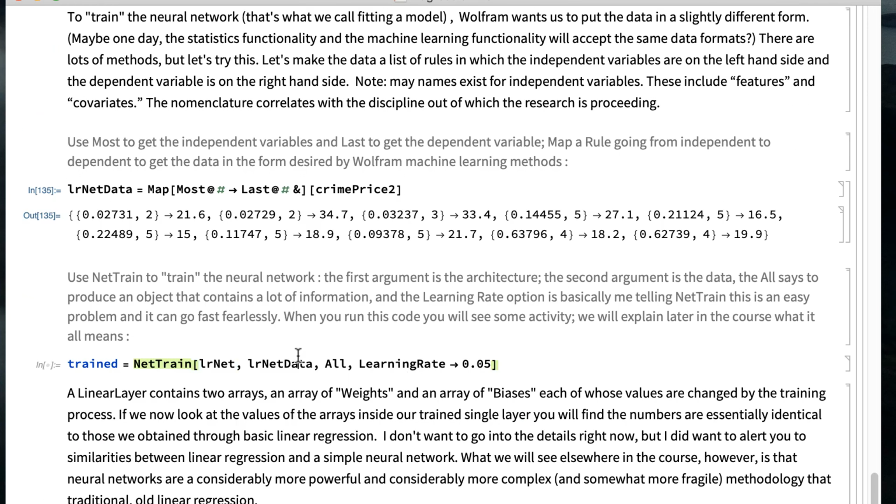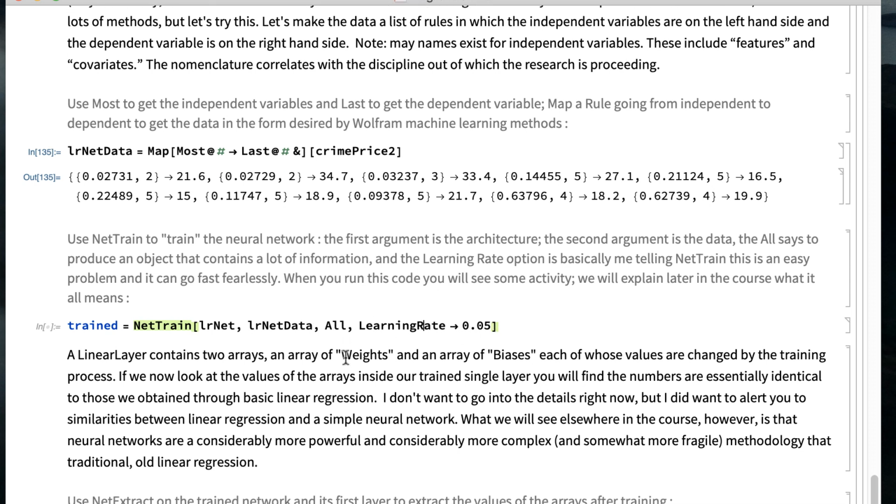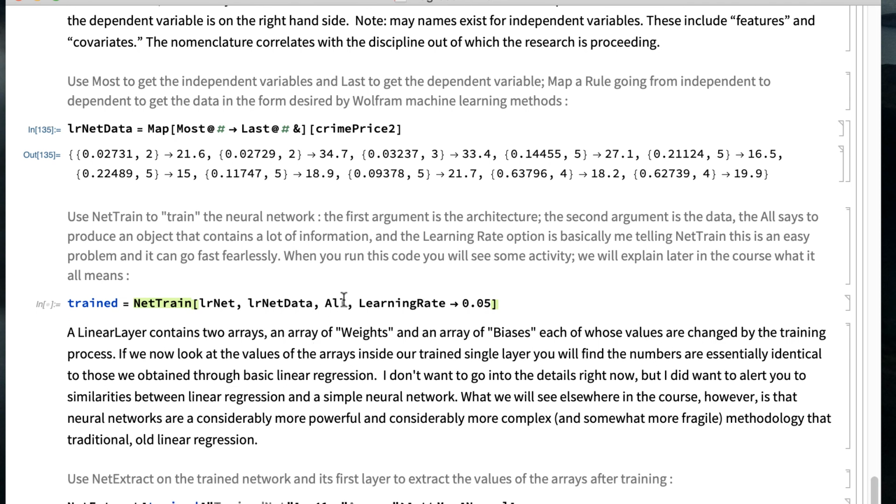We give it the data we're going to use to train it. I'm going to tell it, hey, train fast. Learning rate means how fast do you learn. This is a very fast learning rate, and for simple problems like this, it's fine. If you use a very fast learning rate with more complicated problems, you can sort of overlearn and make mistakes. And all just means I want you to produce all the output that you can as a result.